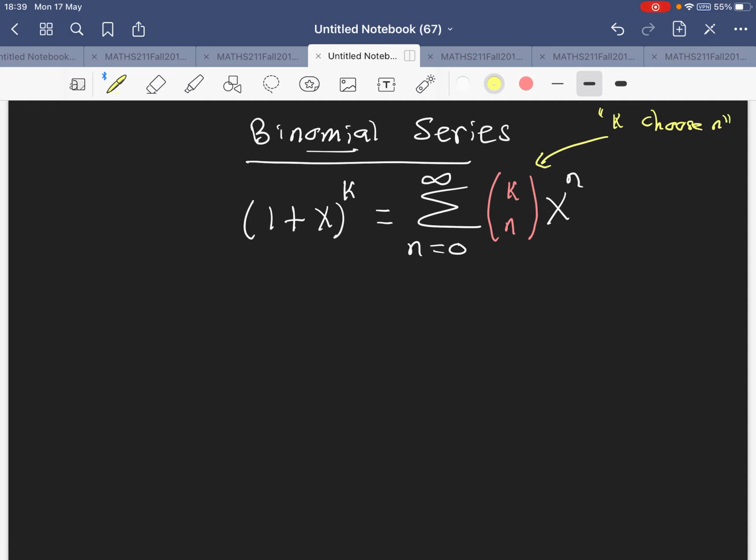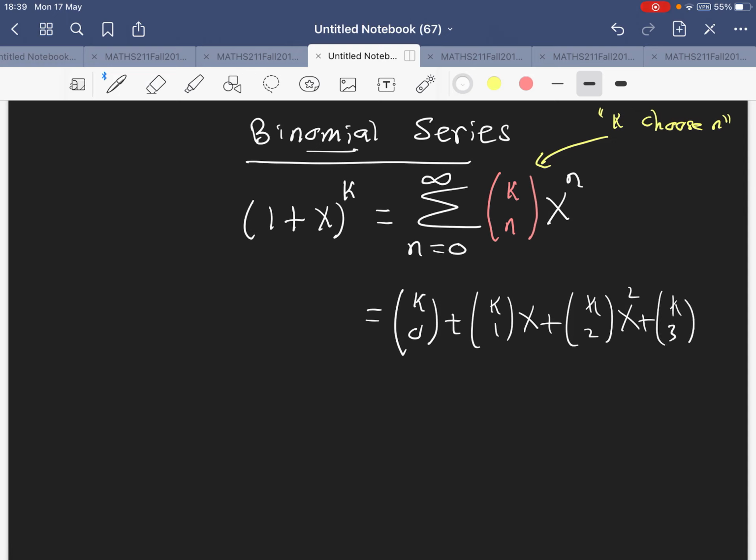I will tell you how you find this number in a minute. In the expanded form, this is k choose 0, plus k choose 1 times x, plus k choose 2 times x squared, plus k choose 3 times x cubed, and so on. We can notice that the power of x is the same as the number down here, and this k is already fixed for all of them.